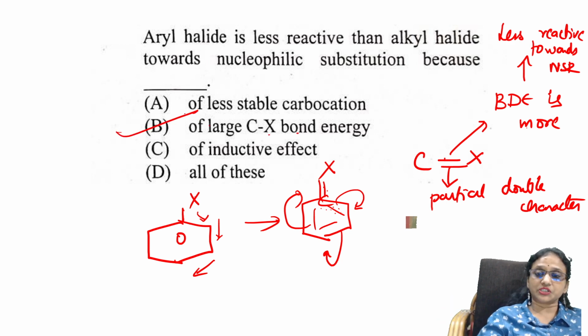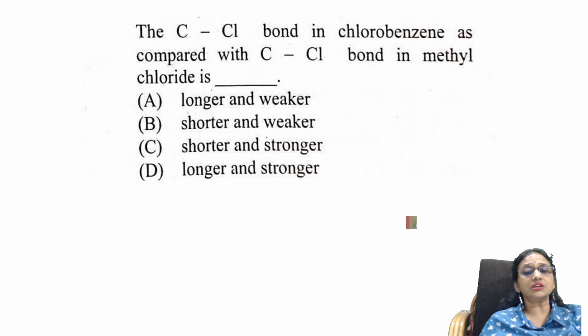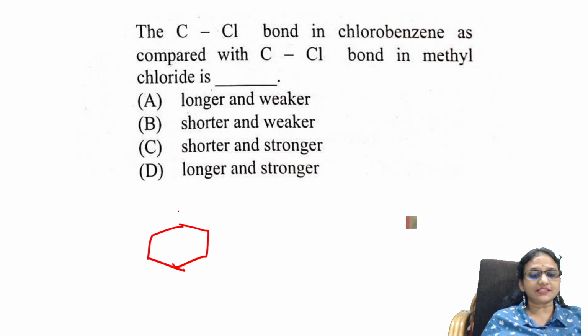Easy. Next question: the C-Cl bond in chlorobenzene as compared with the C-Cl bond in methyl chloride. Is it weaker, stronger, what? Just now I said that because of the resonance there is a partial double bond character.